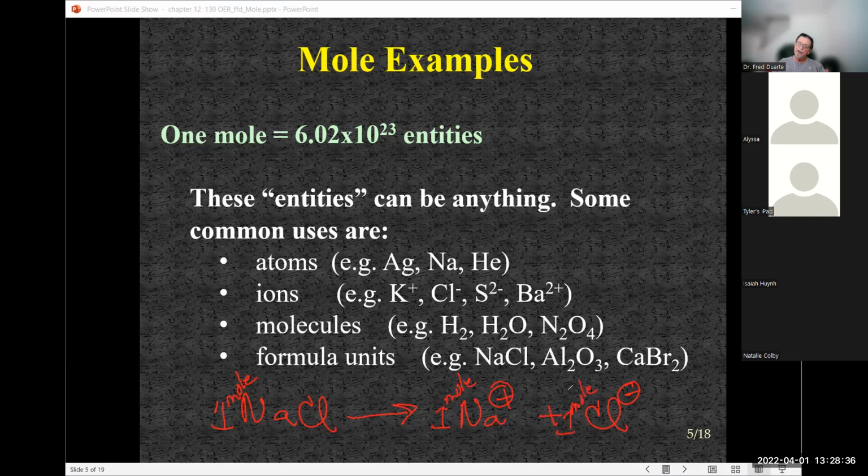Okay, now I take it one step further. If I have 1 mole of sodium chloride, do I not have 6.02 times 10 to the 23rd molecules of sodium chloride? Yes. And if I put them in water to dissociate, I would also get 6.02 times 10 to the 23rd sodium ions and 6.02 times 10 to the 23rd chloride ions.